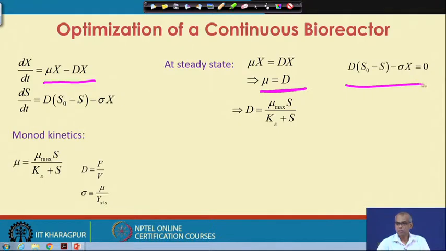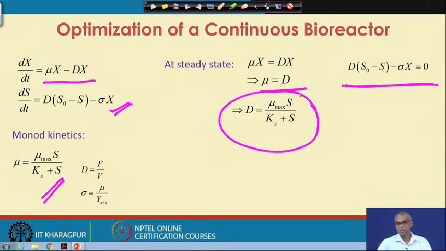Similarly, the second equation leads to D into S0 minus S minus sigma x equal to 0. So, mu for Monod's kinetics is mu max into S by K s plus S. So, D is equal to mu max S by K s plus S at steady state.